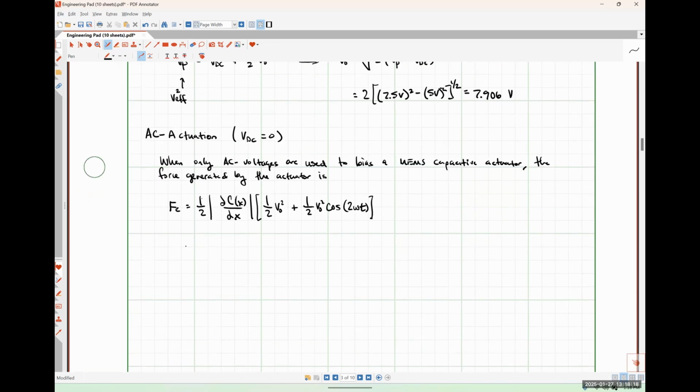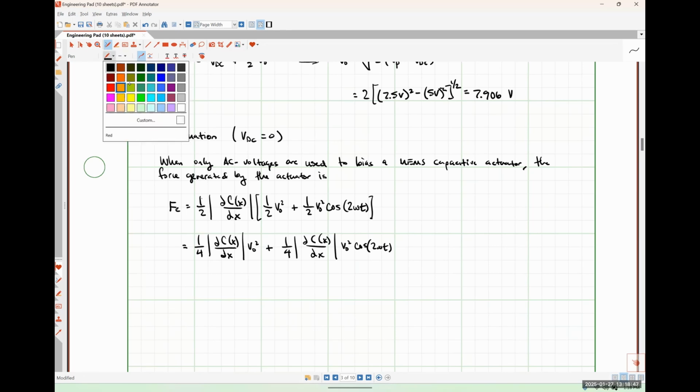And expanding this out just a smidge more, I have those two factors of 1/2, so I'm going to call this 1/4 the derivative of capacitance with respect to position times V naught squared plus 1/4 the derivative of capacitance with respect to position of V naught squared cosine twice omega t.